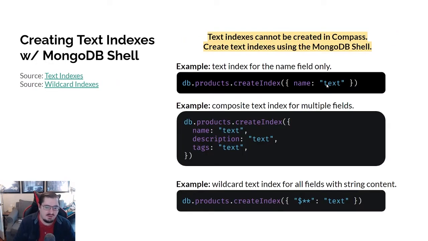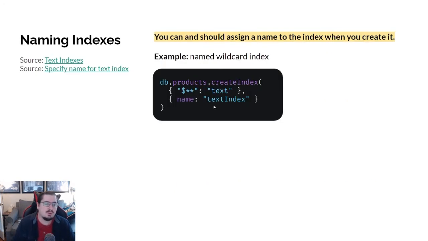If I was just going to index the name, the description, and the tags, I would give any of those the name text index, because remember, you can only have one. If I'm creating just a single field index on name or price, I would name it price or name. So generally, I would say, if you're going to create an index, give it a name.